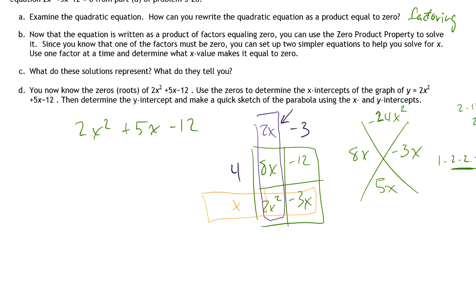If I multiply negative 3 and x, I do get negative 3x. And if I multiply negative 3 and positive 4, I do get negative 12. And when I multiply 2x times 4, I do get 8x.